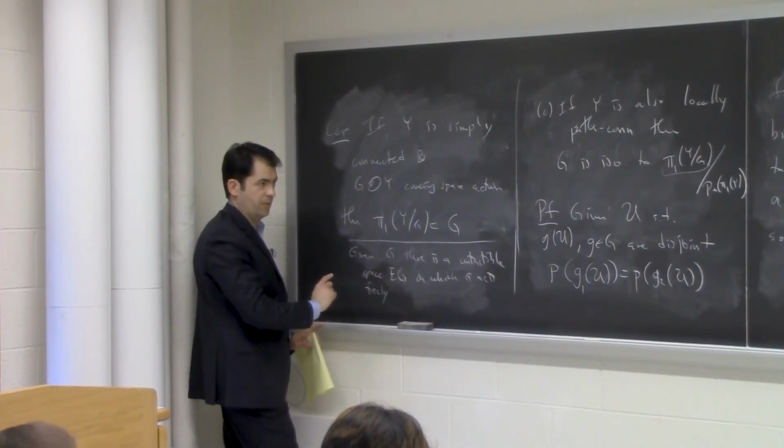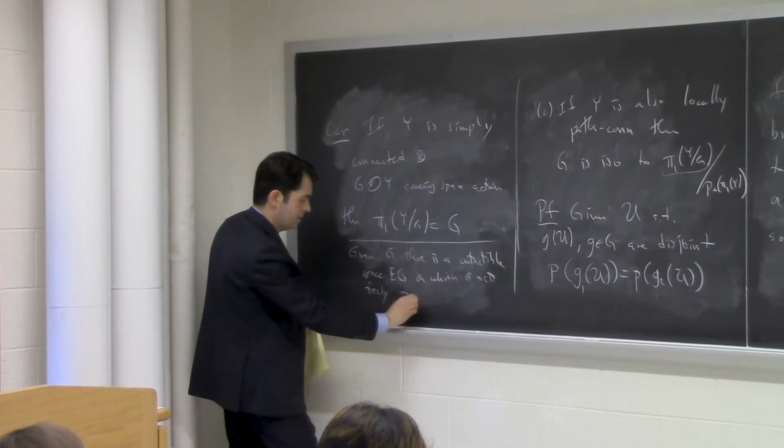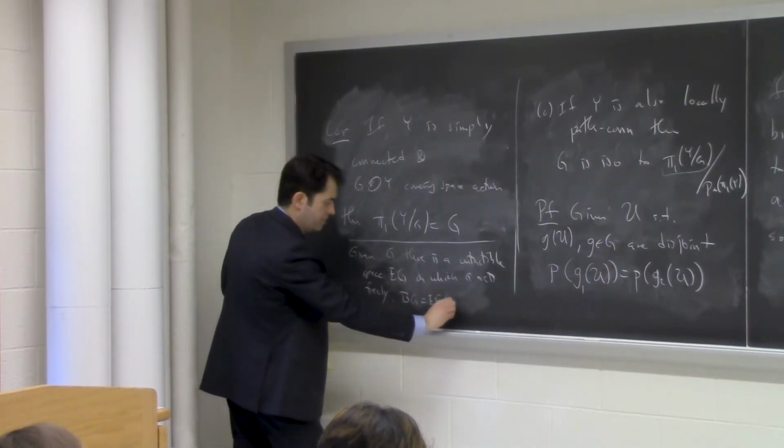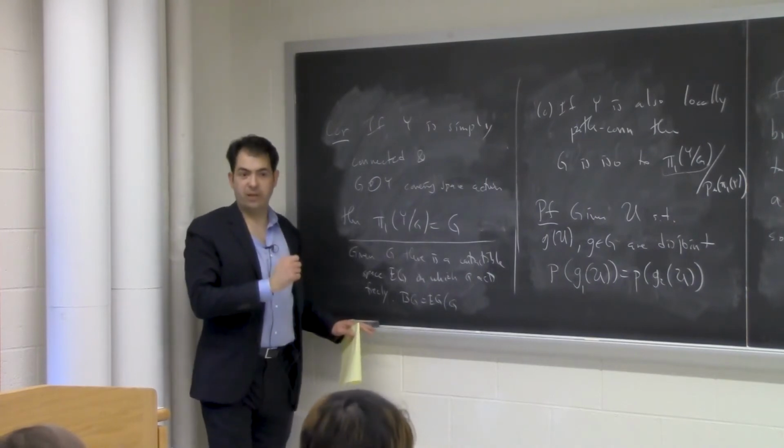I think it's a covering space action. But then BG is what you call the orbit space, and this is called the classifying space of the group G.